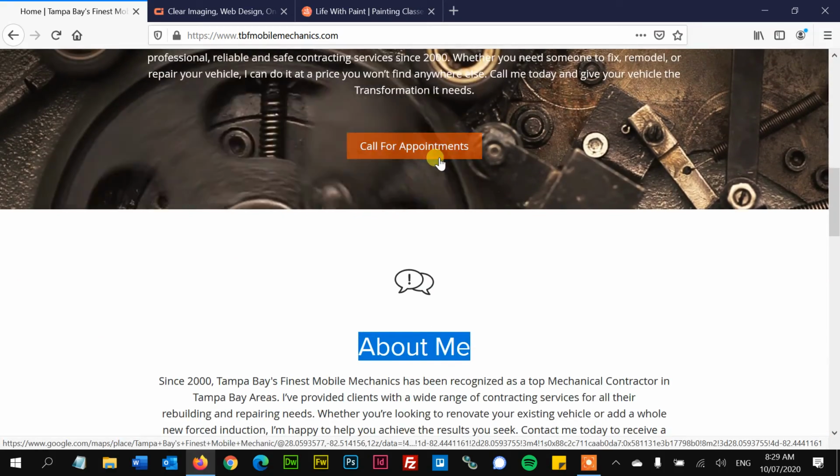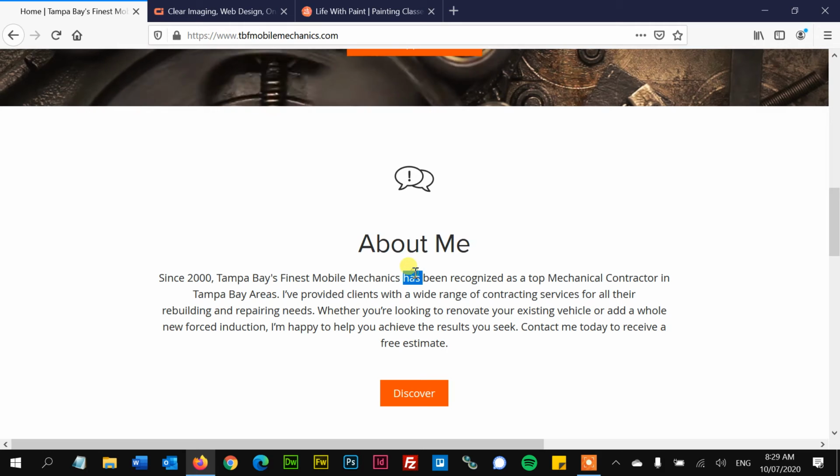Additionally, they don't have a section here about common objections, because people will have objections, especially when hiring a mechanic, because mechanics cheat people, they lie, they inflate prices, right? They do a bad job. These are worries that people have when they're looking for a mechanic.